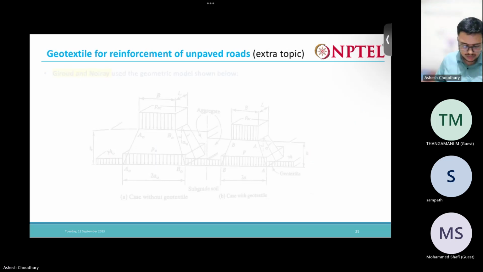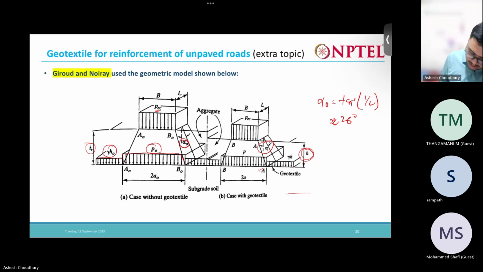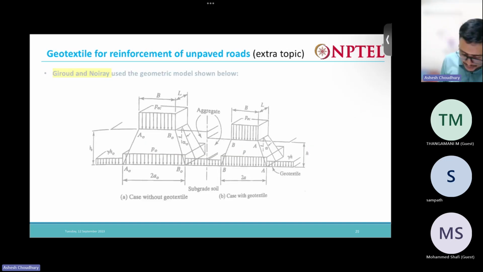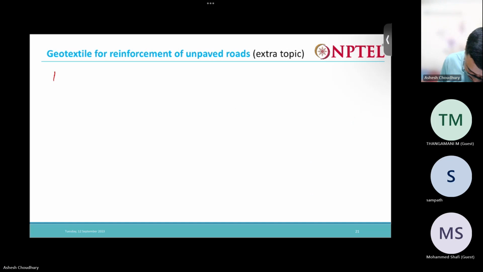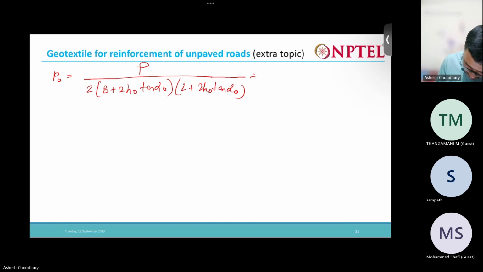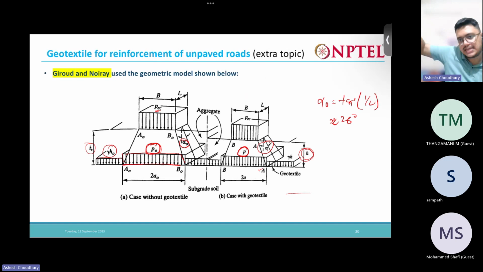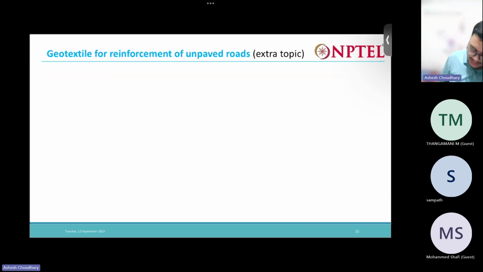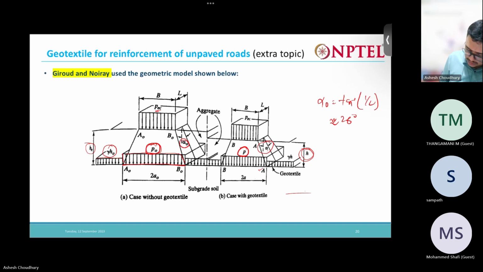Now, here we have P naught, here we have P. So let me write down the expressions for both P naught and P. So P naught is actually given by P divided by the area, which is length into breadth.